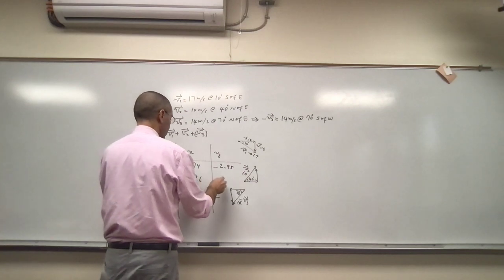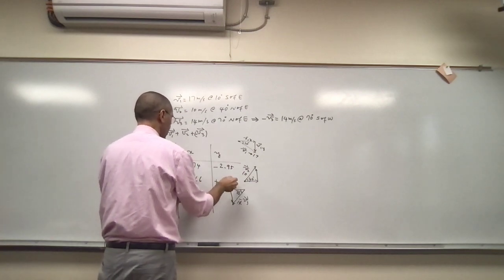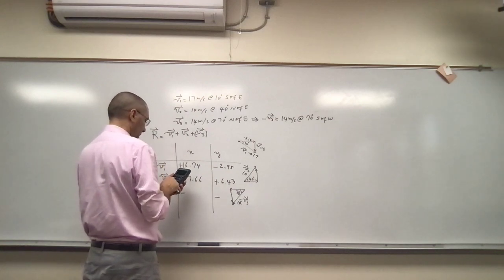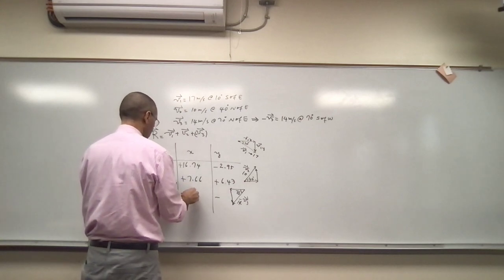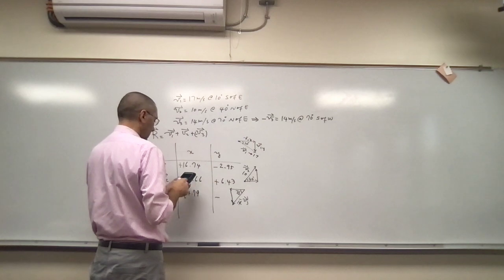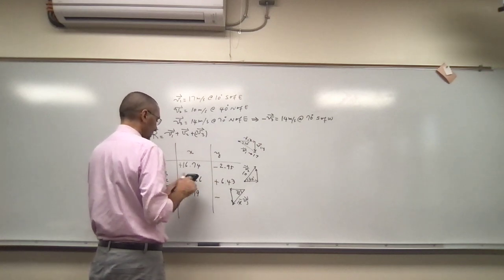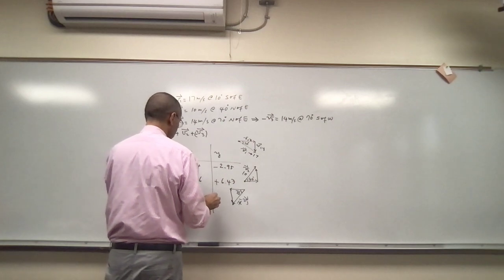I get 6.43. I'm rounding a little bit. And I do 14 cosine of 70 to get 4.79. And then I do 14 sine of 70 and I get 13.16.